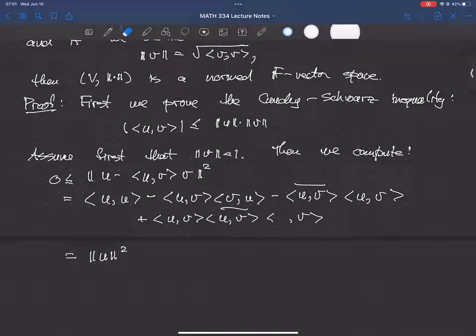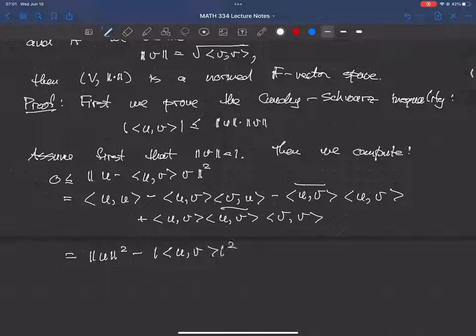That should be v, sorry, v. Okay, and so I'm going to use the fact that the norm, although I haven't proved that it's a norm yet, the norm of v is equal to 1. And so the point is that these guys cancel, and this is minus the norm of u squared. Okay, so that is what I end up with there.